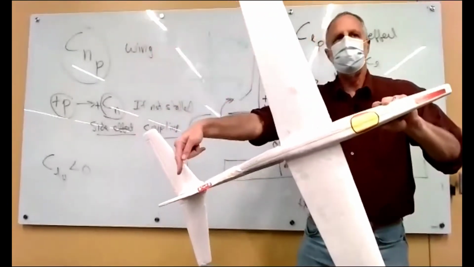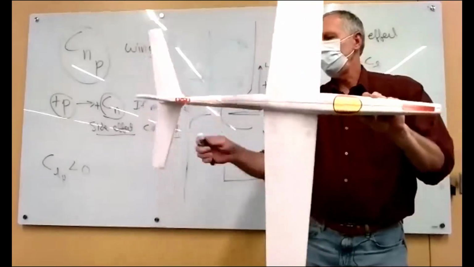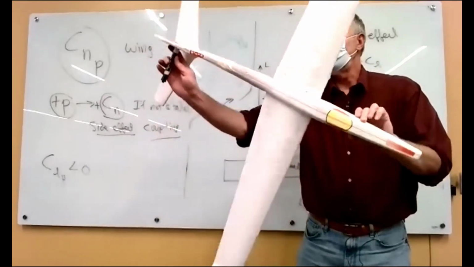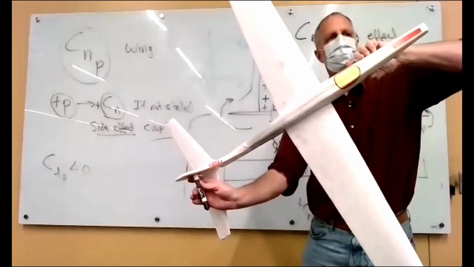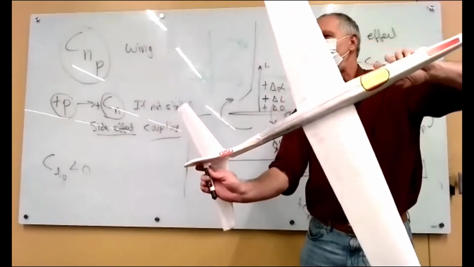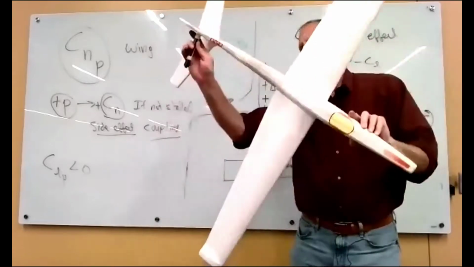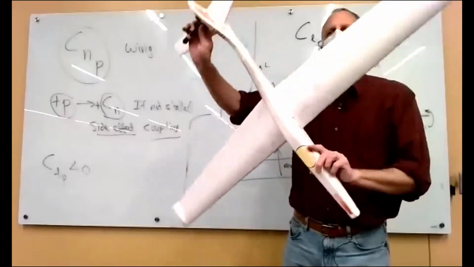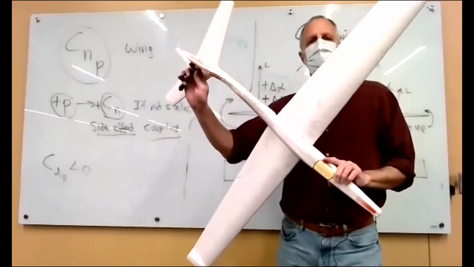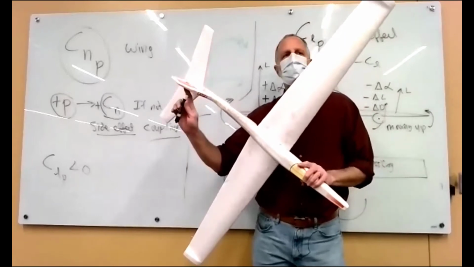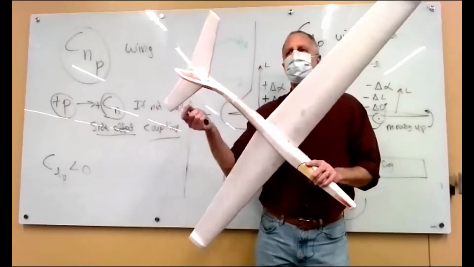There's a relative wind coming in from this direction. So I get a side force on the vertical tail like that, which is going to stop that motion. So that's the vertical tail fin because it's aft of the center of gravity. It's going to be sweeping like that, and I get a force like that to oppose that motion. So that's just pure stability. The yaw rate generates a force on the vertical tail that stops the yaw.